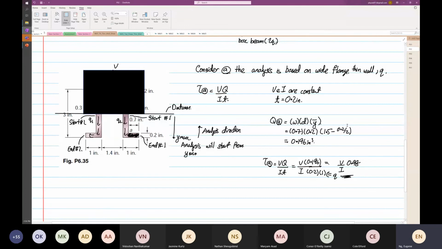Now we are going to consider the centroid. Listen, I'm going to do the centroid 2 ways. One way is from the top. The other way is from the bottom.